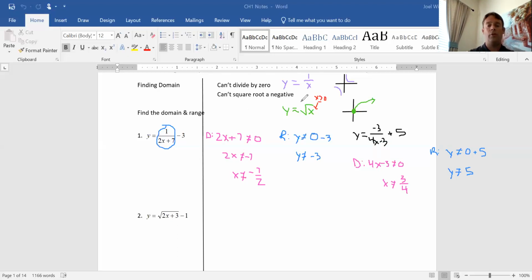So when I'm trying to figure out my domain, I'm going to go to whatever is underneath the square root. Since I'm not dealing with imaginary numbers, no negative square roots, I'm going to take that expression and say this expression right here has to be greater than or equal to 0.